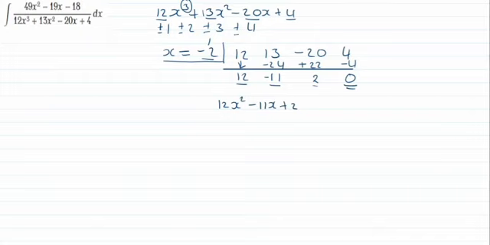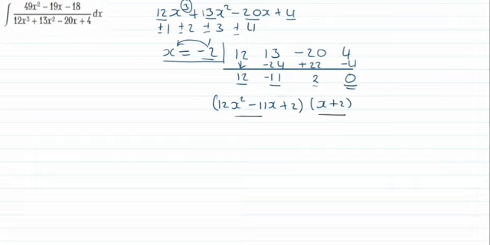The degree reduces when you factorize. Then this whole thing will be multiplied by, you take this -2 to the other side, you are going to have x + 2 as a factor. So this one is linear, this one is quadratic.